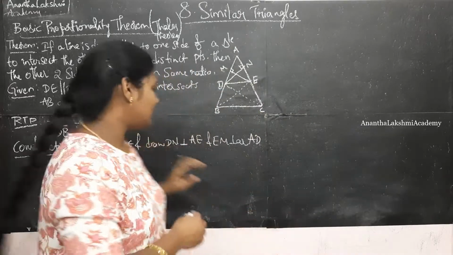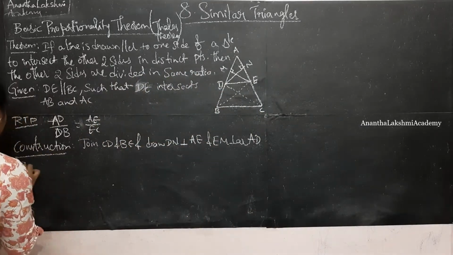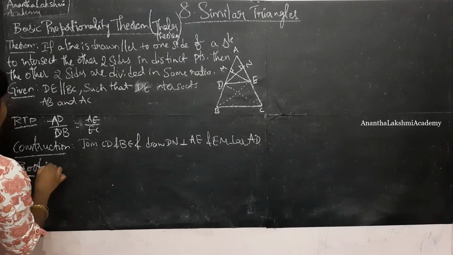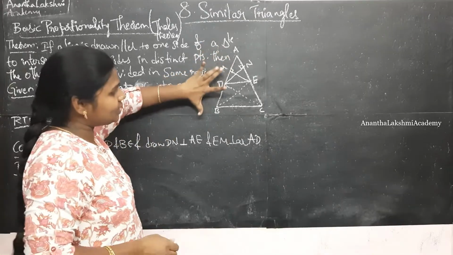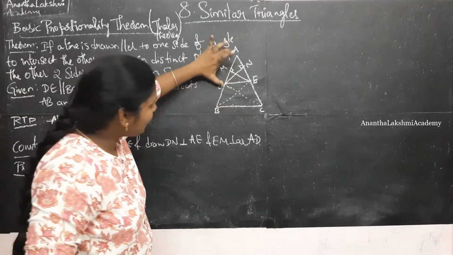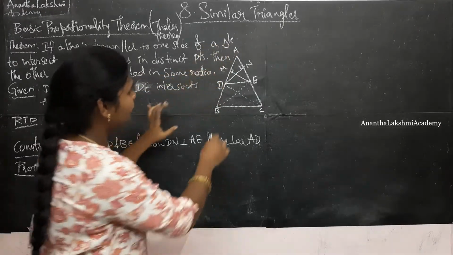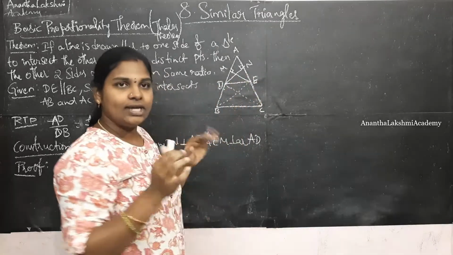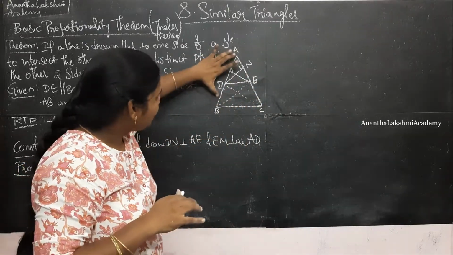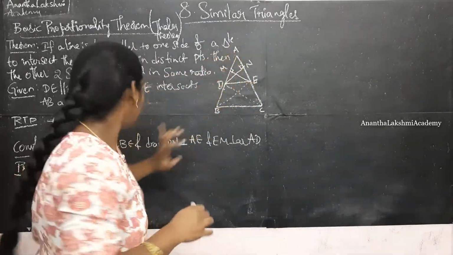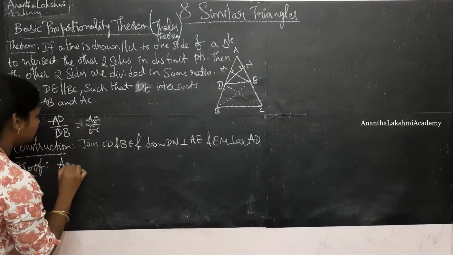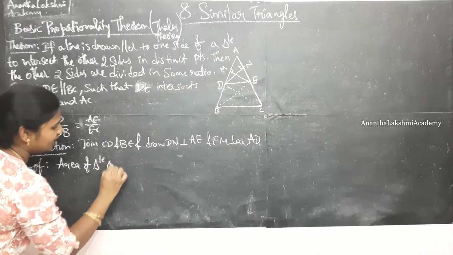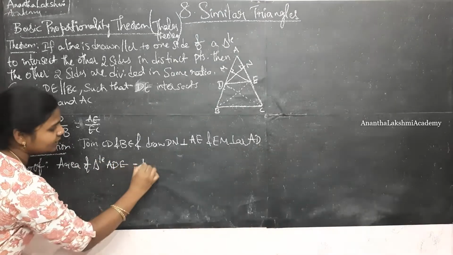All right. So here in this figure we have triangle ADE, one triangle. If you look here, BDE is one triangle, CDE is one triangle. Okay. So first take a look at triangle ADE. Area of triangle ADE is equal to, what is the area of a triangle?